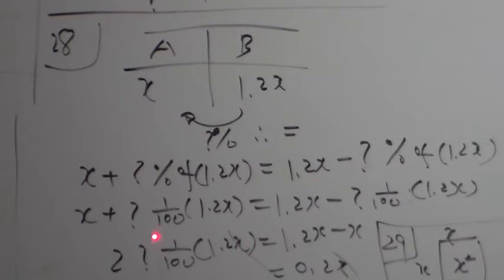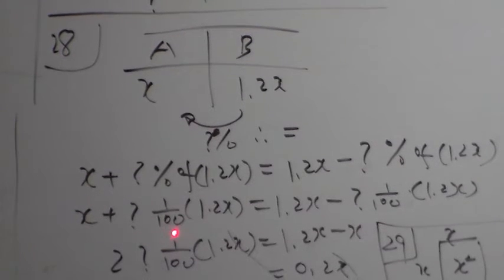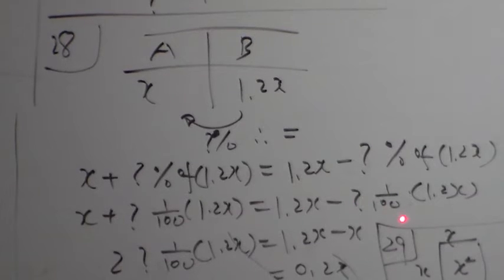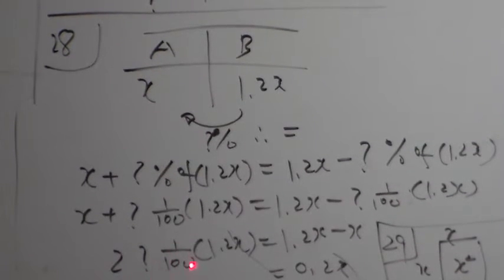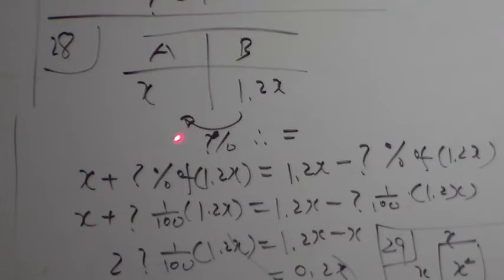Are you sure about this one? Just like 3 plus 3 is 2 times 3, same kind of bundle. This bundle is 2 times this bundle. And on the 1.2x side, I move this x over to the other part.